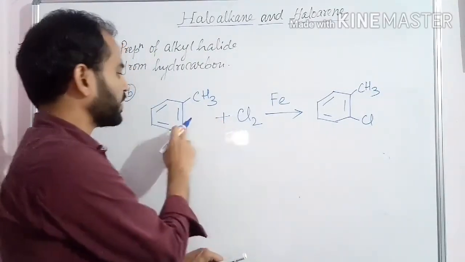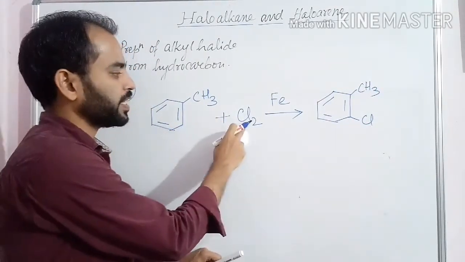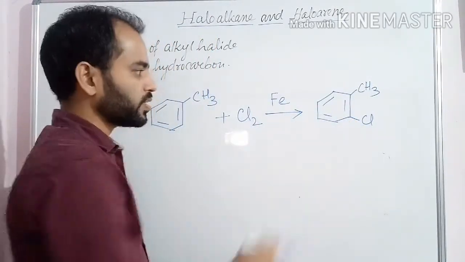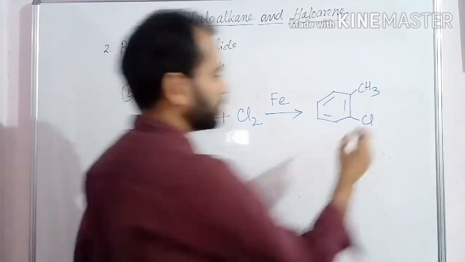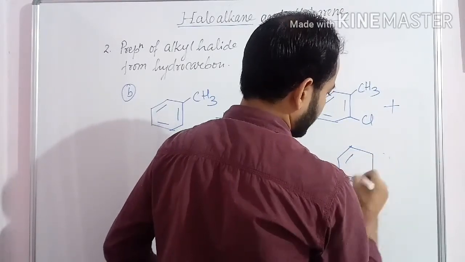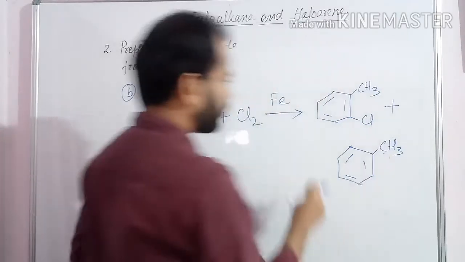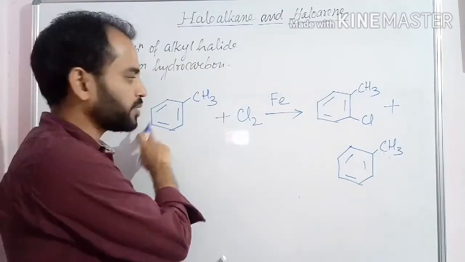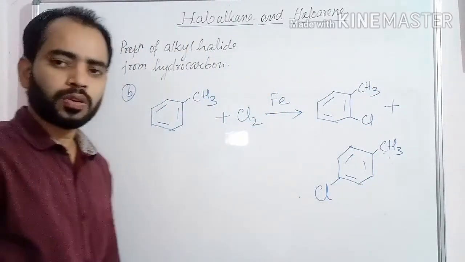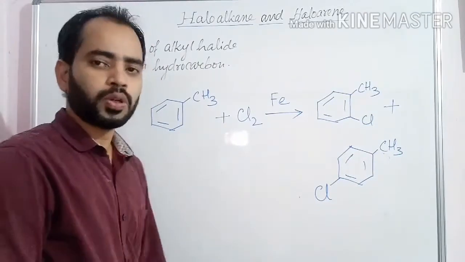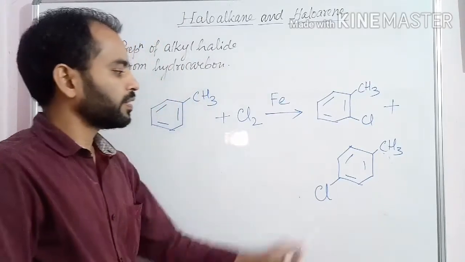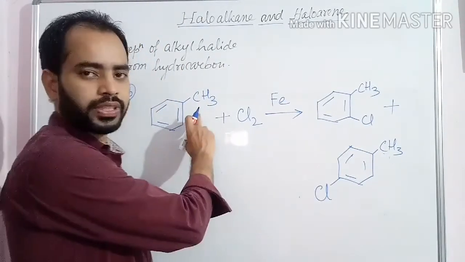If one hydrogen from the ortho position is replaced by chlorine, it gives the ortho product, 2-chlorotoluene, plus, if one hydrogen from the para position is replaced, we get para-chlorotoluene or 4-chlorotoluene. So we get a mixture of aryl halides, the chloro products of toluene.